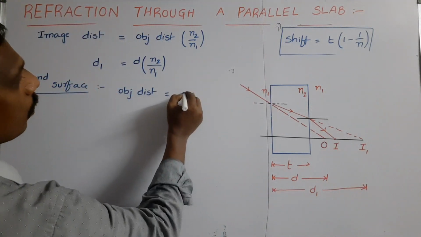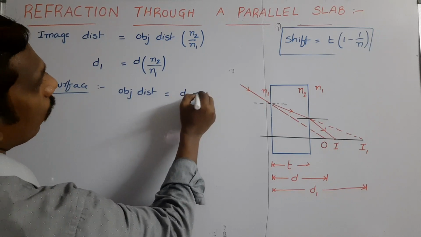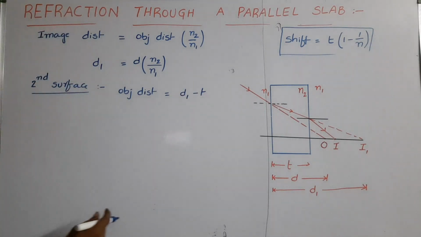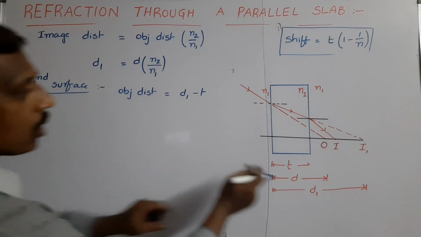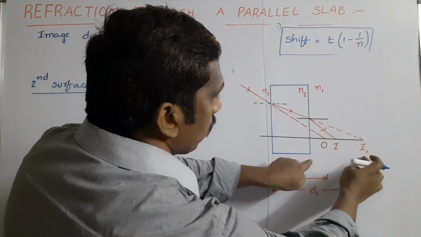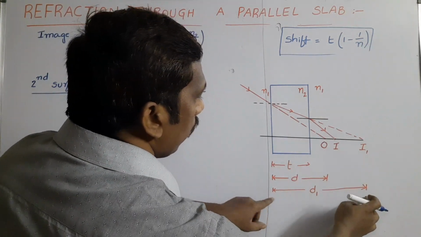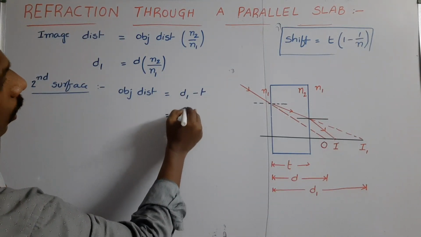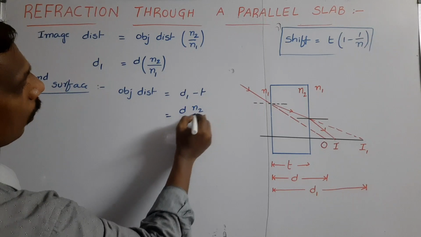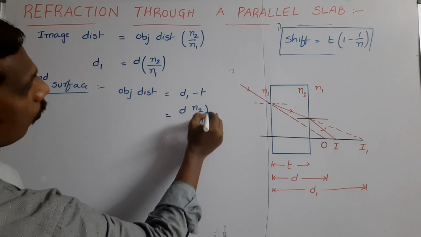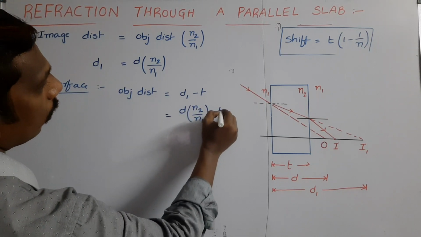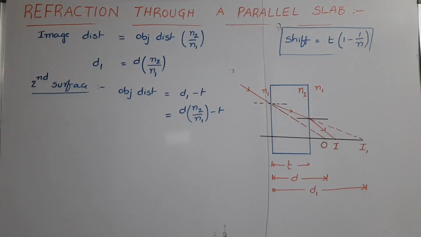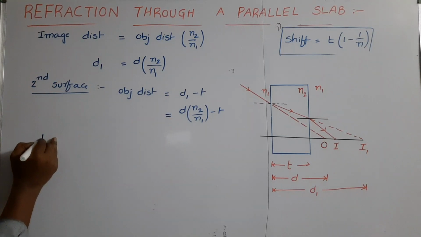So that means object distance is equal to d1 minus t, we can write. Because from the surface to here, this is the object distance. So total distance is d1, from this we subtract t. So d1 is equal to d into n2 by n1 minus t. This is the object distance. But what about the image distance?